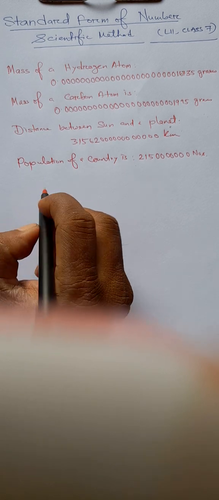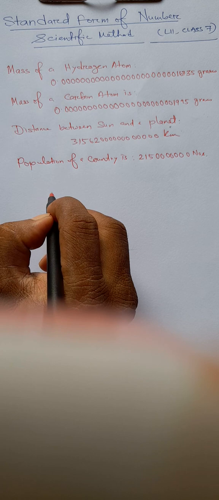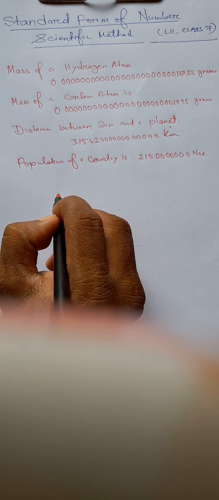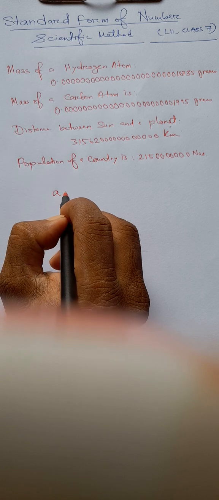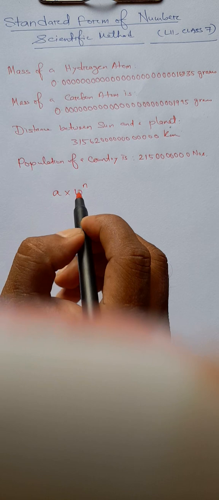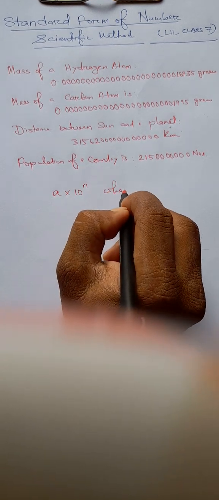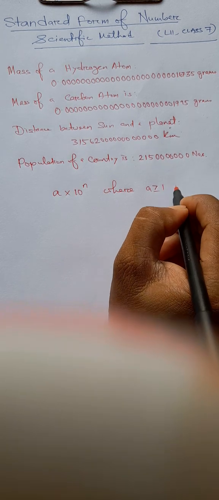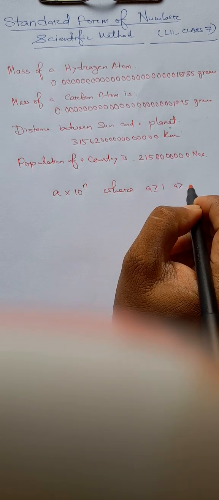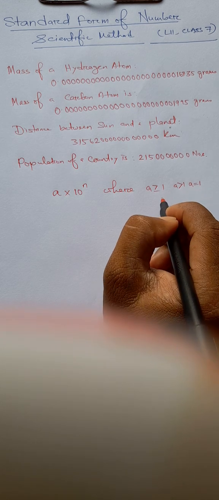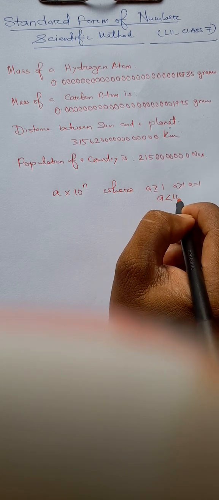If you are given any number, then you can convert it into scientific method by converting it into this style: a multiplied by 10 to the power n, where a is greater than or equal to 1 and a is less than 10.